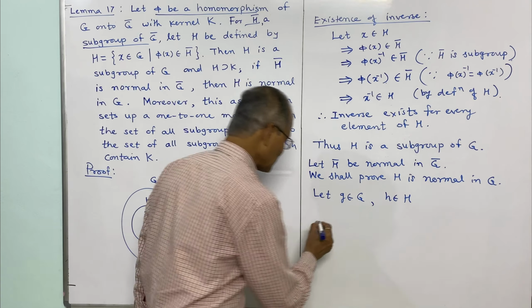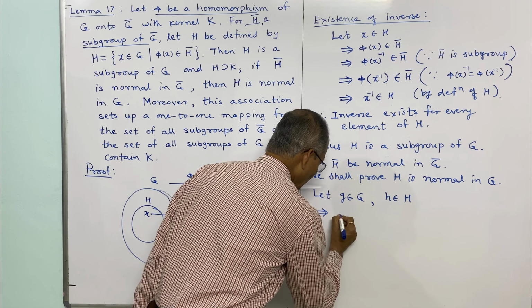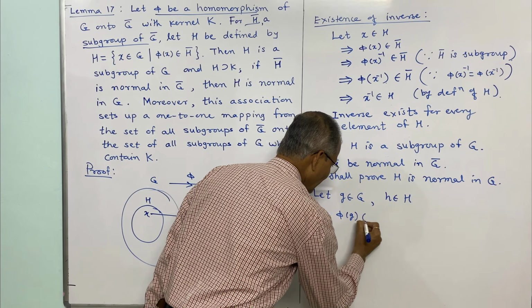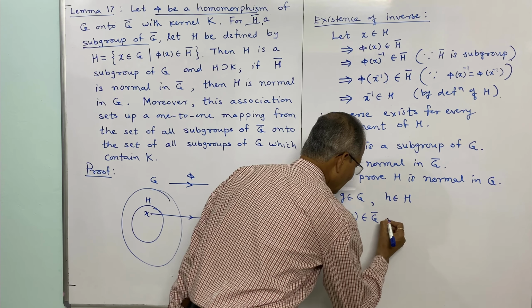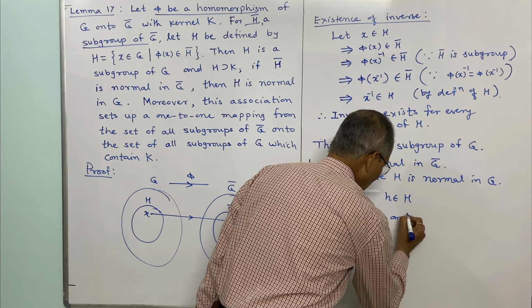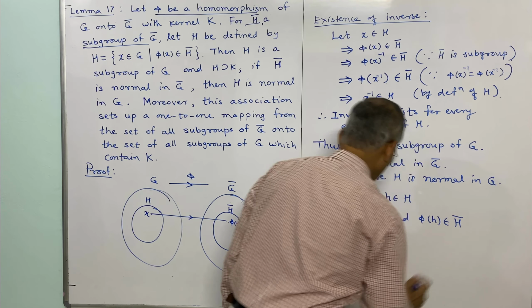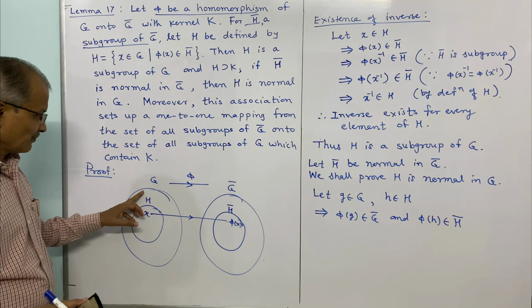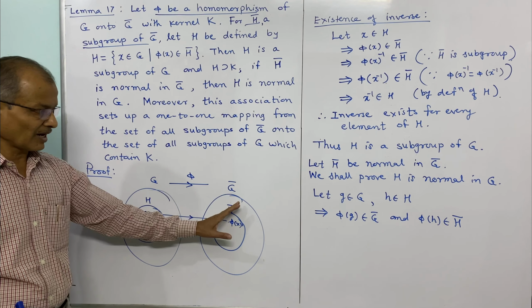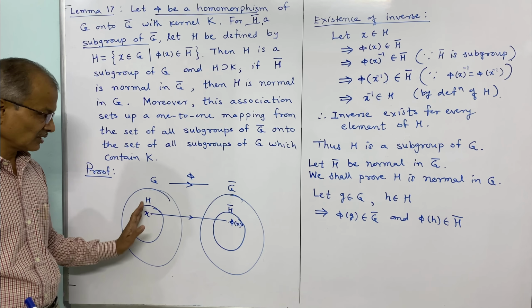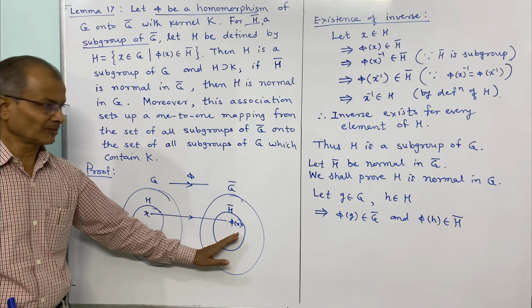So this implies phi of g belongs to G bar and phi of h belongs to H bar. See, g is in G, its phi image is in G bar, and h is in H, its phi image is in H bar.